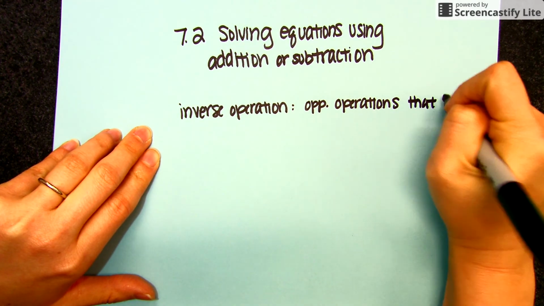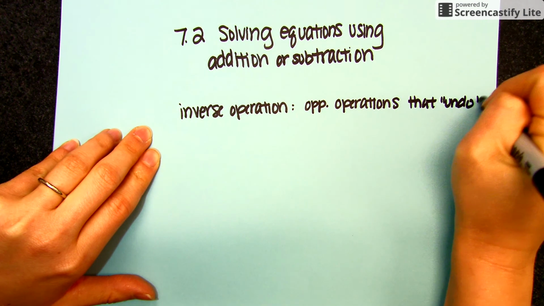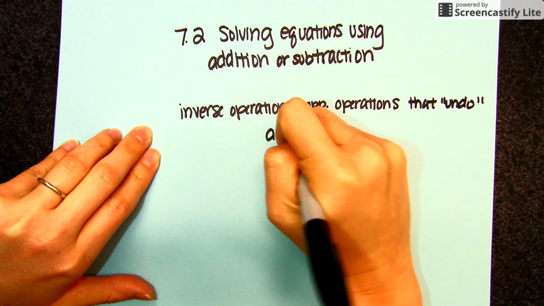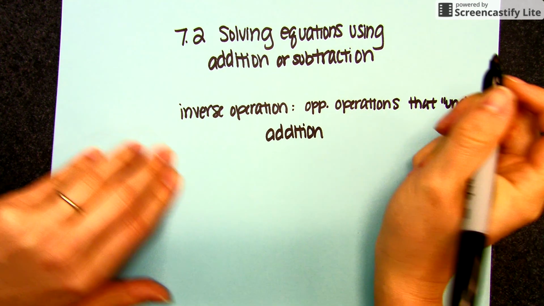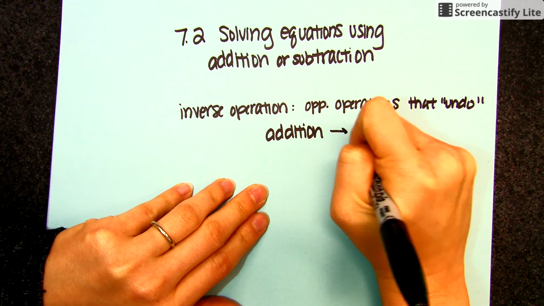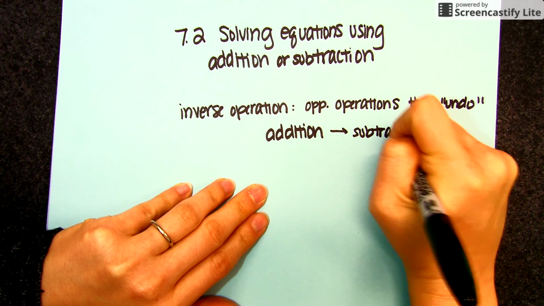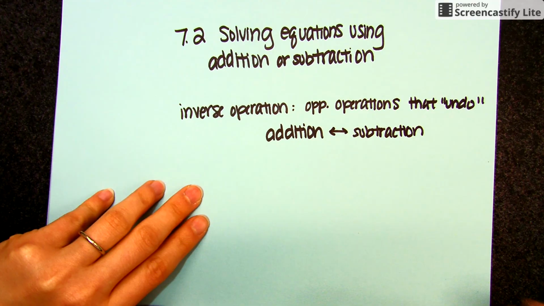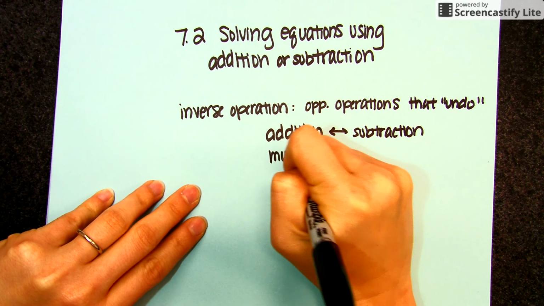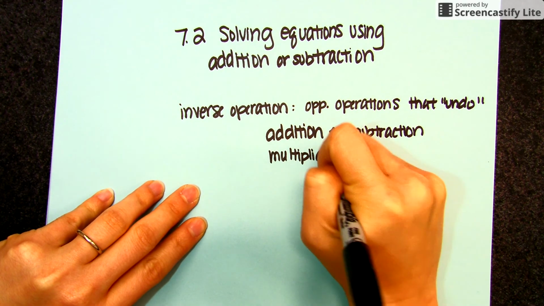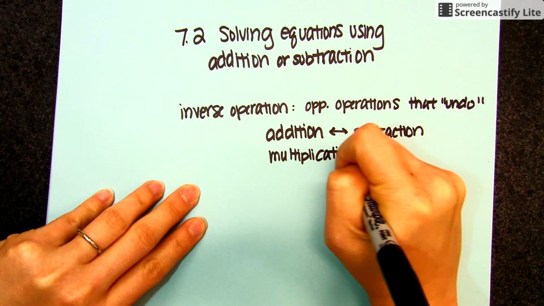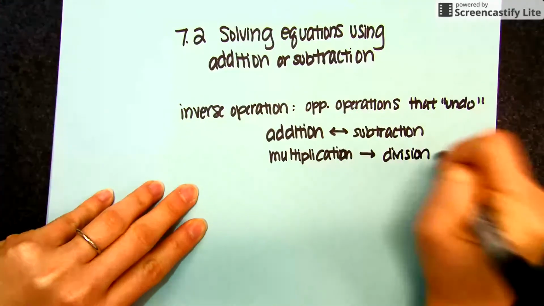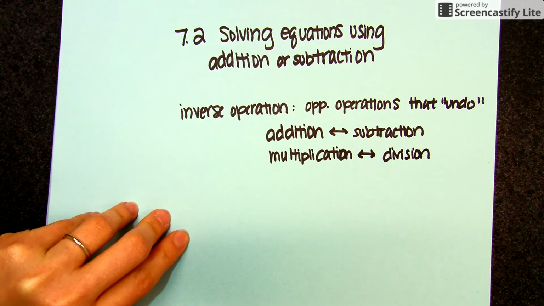For example, how you undo addition is subtraction. And how you undo subtraction is addition. And how you undo multiplication is division. And the opposite of division, how you undo division, is multiplication.